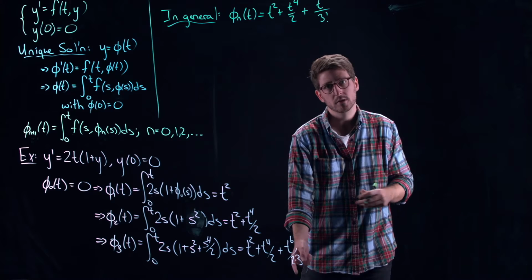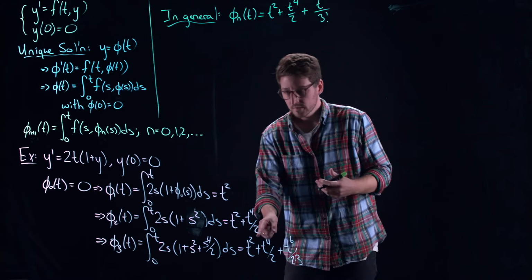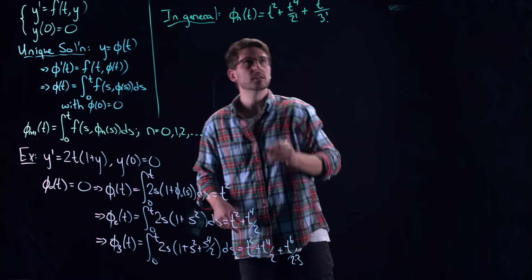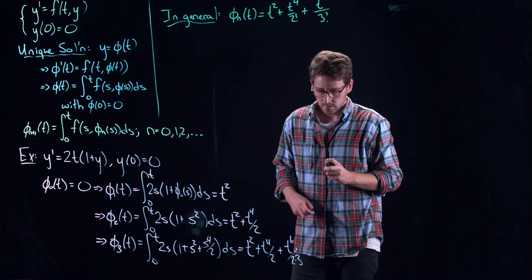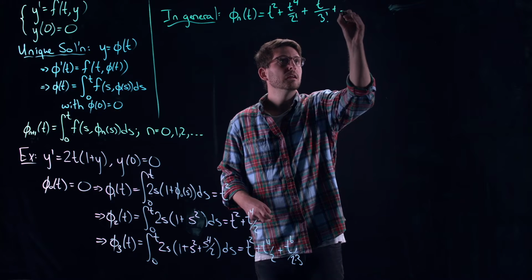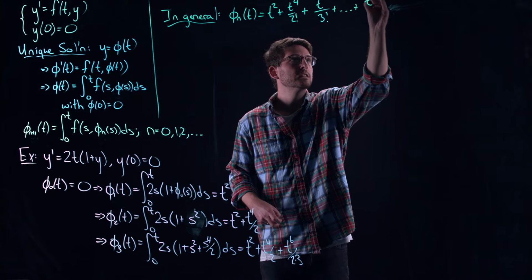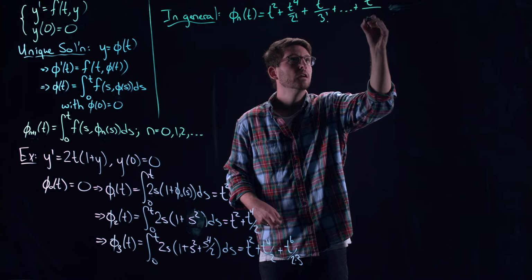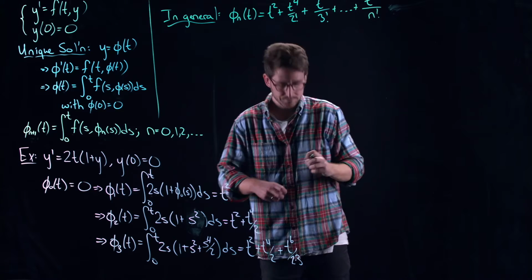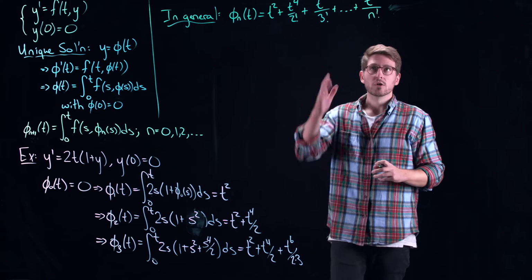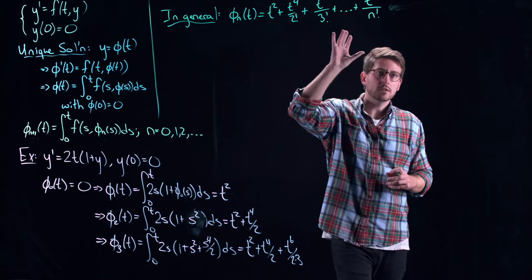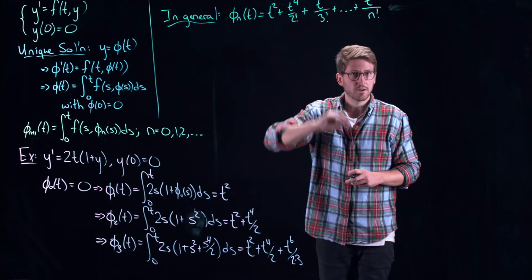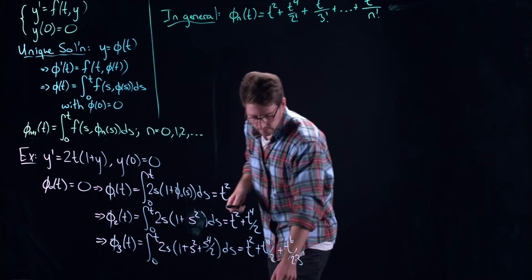So 2 times 3, there's no 1 in there, it doesn't matter. Similarly, technically, 2 is equal to 2 factorial. And then if you just look at the general term here, it's t to the 2n over n factorial. So again, if you want to prove this is the case, use induction. That's fine. We're not going to bother with that yet.